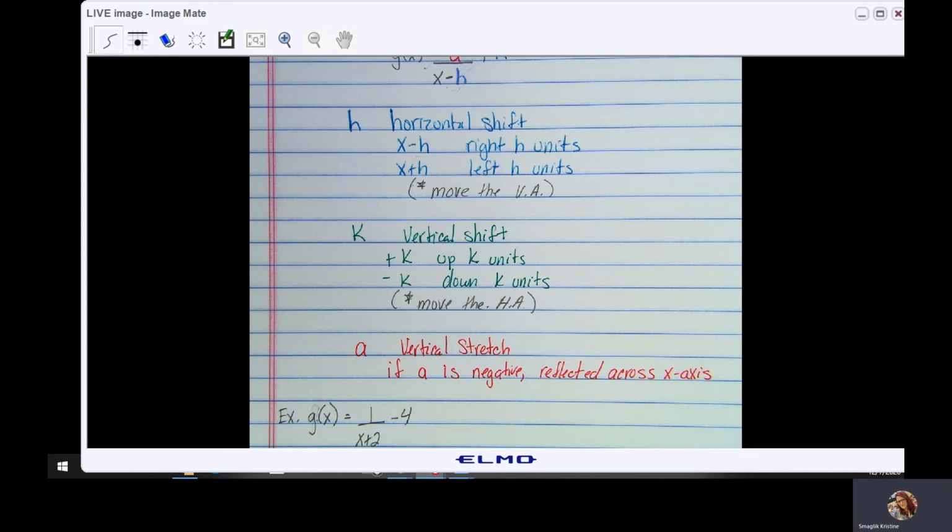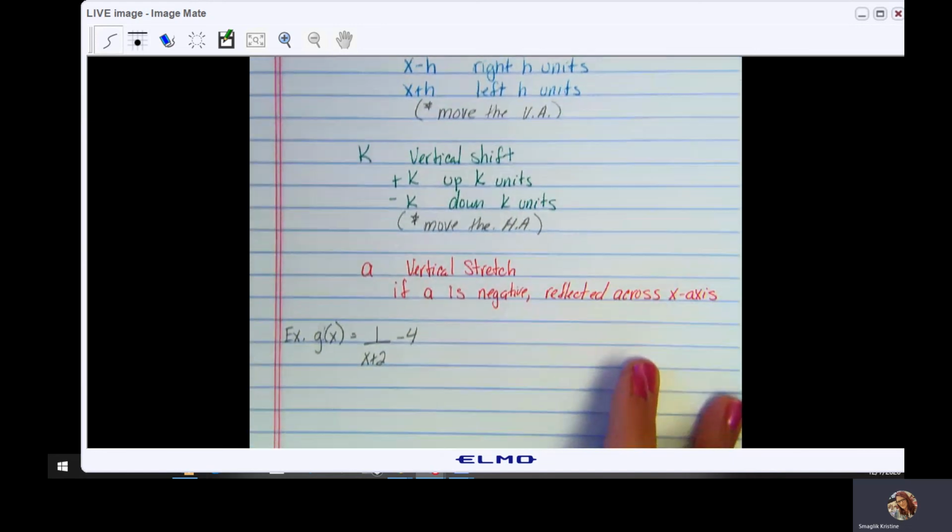So you've got to think PEMDAS. Which do you do first, the multiplication or the addition, subtraction? The answer is multiplication. So if you have a negative out front, you would flip it over the x-axis first. Remember, your asymptote is already on the x-axis. You would flip it, then you would do your shifts.